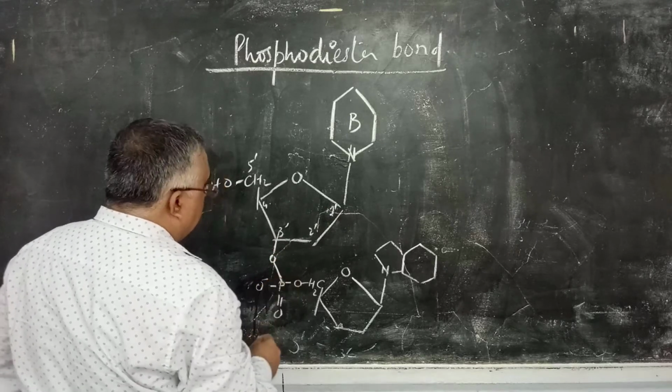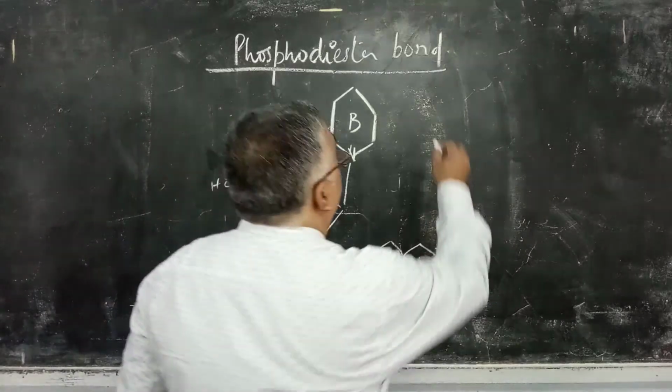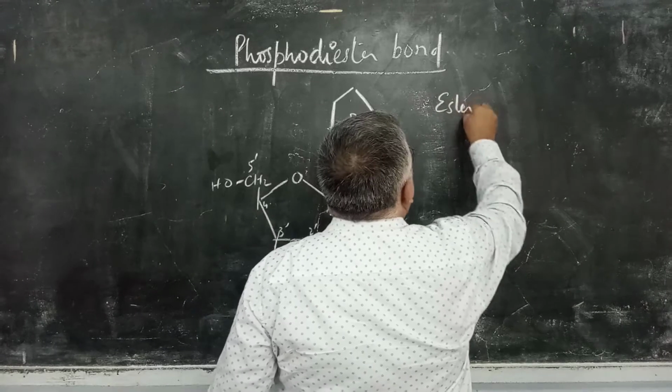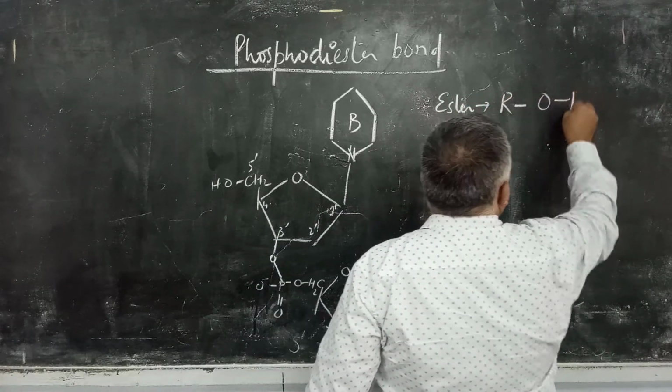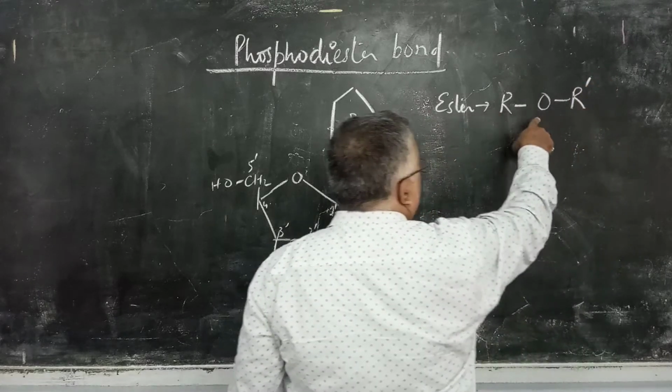Now ester, as we know, in chemistry you would have studied, is represented as R oxygen R dash.